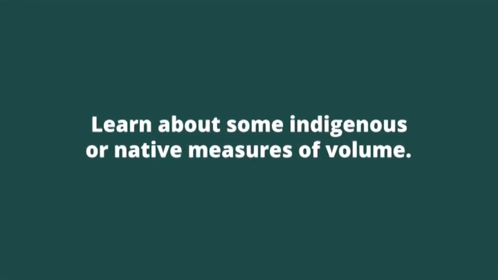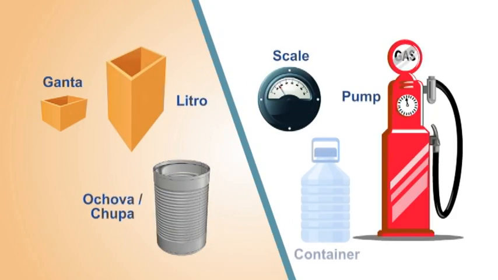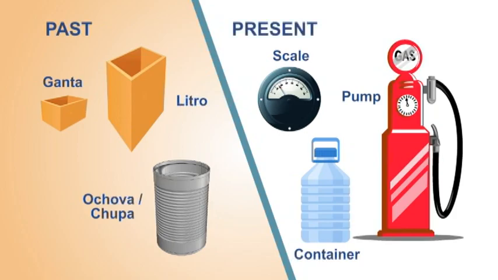In this lesson, you will learn about some indigenous or native measures of volume. These measures are termed indigenous because they are used only here in our country. This lesson will also enable you to compare measuring instruments used in the past with those used at present.